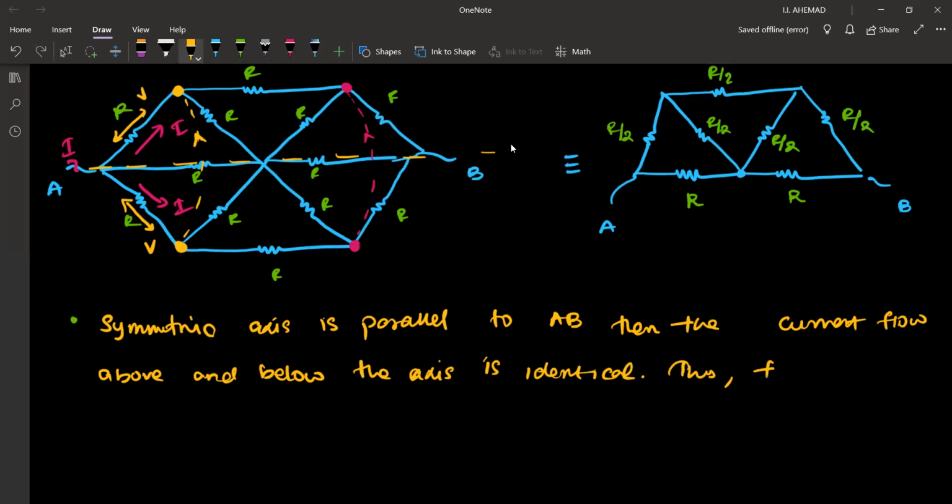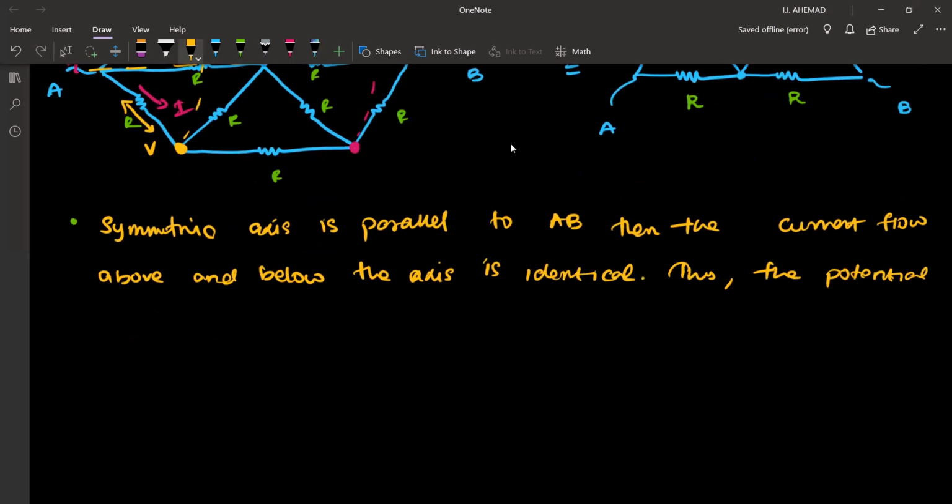Thus, the potential at corresponding points are identical.